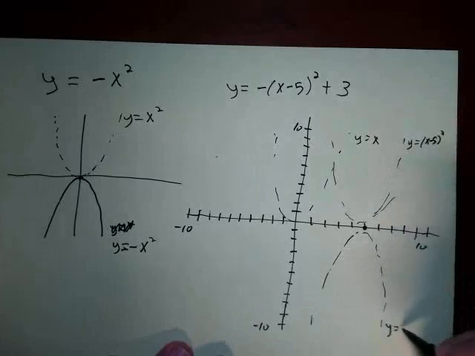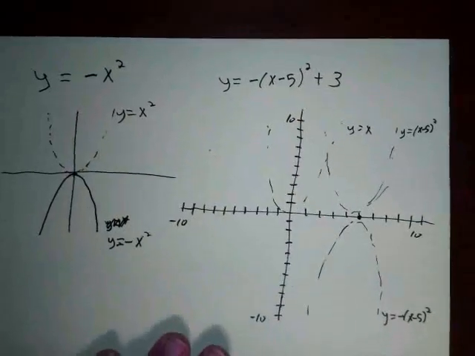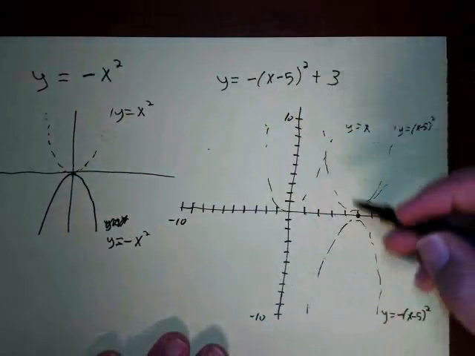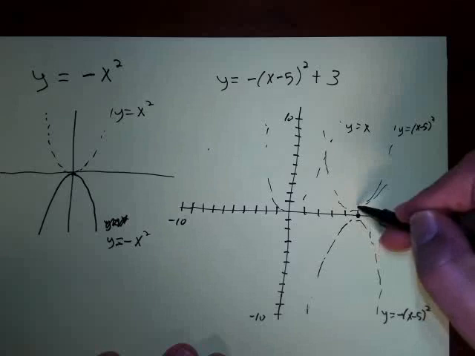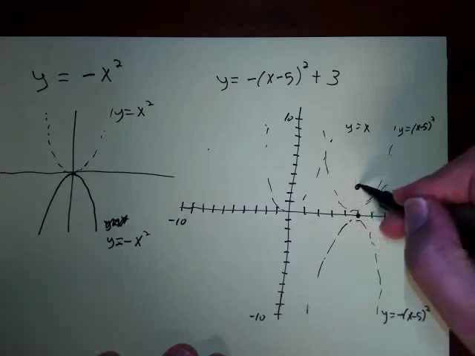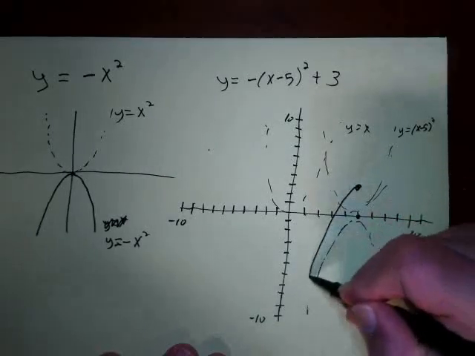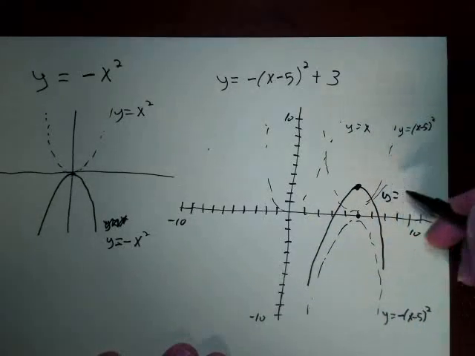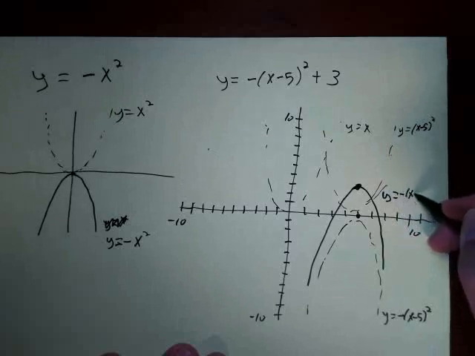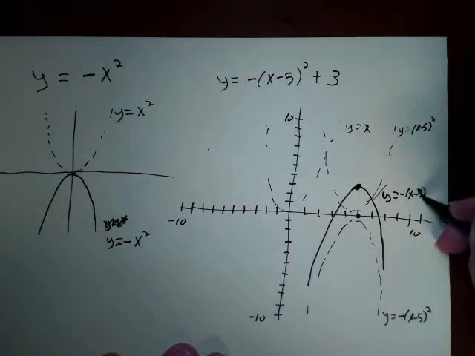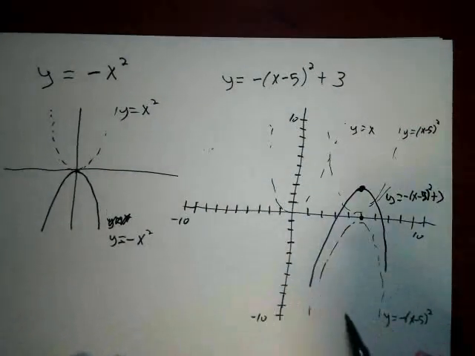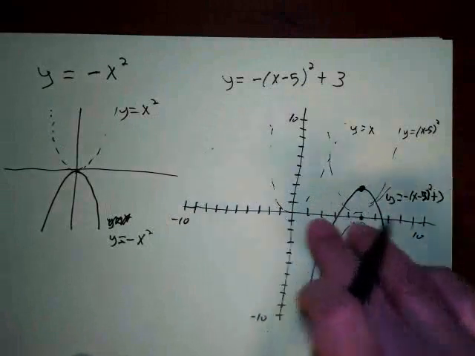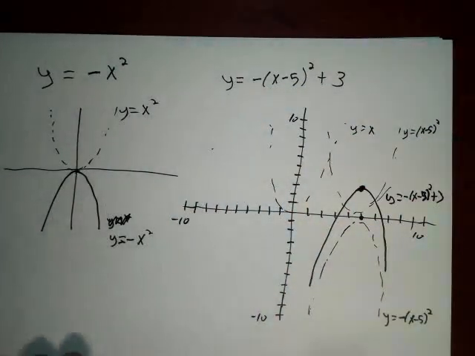So this would be y equals the opposite of x minus 5 quantity squared. Okay, but then this whole graph is shifted up 3, right? So 1, 2, 3, like this. And that's my final graph. Y equals negative x minus 5 squared plus 3. So that's a whole bunch of shifts done to it. It's shifted over, flipped, moved up.